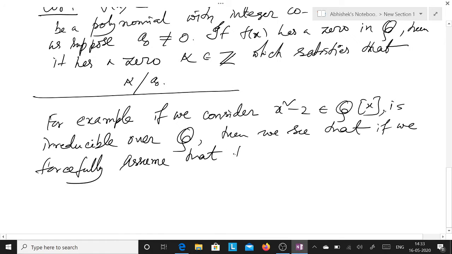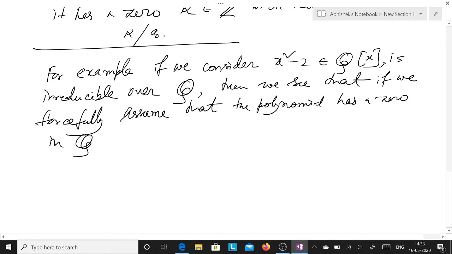Assume that the polynomial has a 0 in Q. Then by the above corollary, it must have a 0 in the ring of integers.